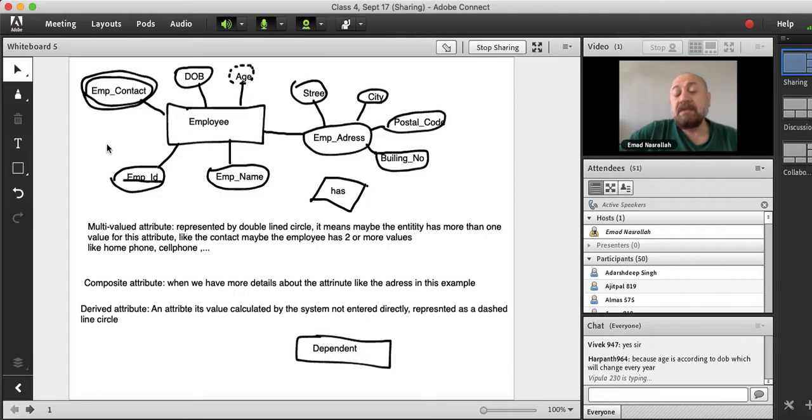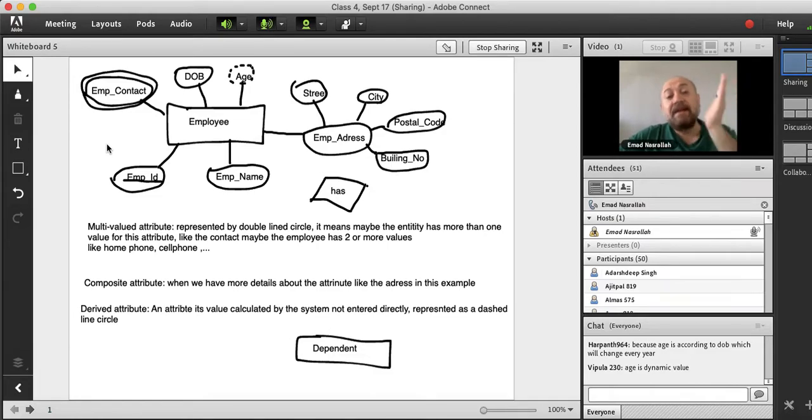If we make it a fixed value, that will be correct at the time of entering, but after a while it will be wrong. Exactly like the age. The age now is correct, after a year it's wrong, and so on.